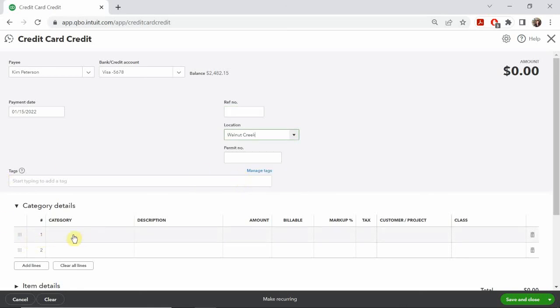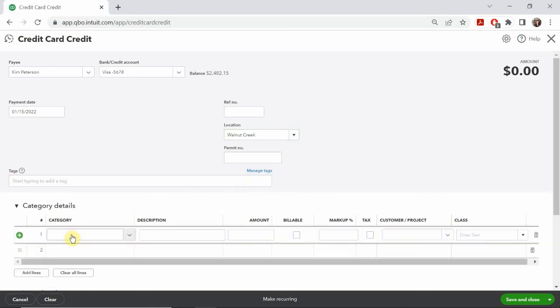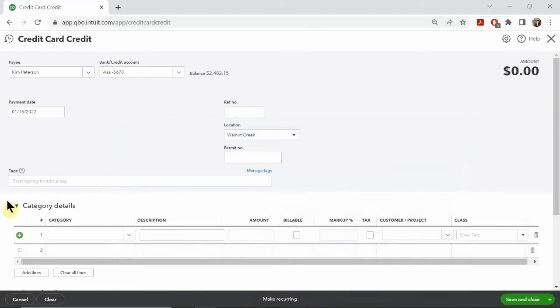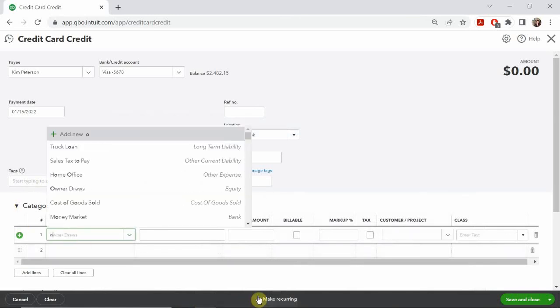And what was it for? You're going to get the category for the office supplies, for $25, and your description is going to be returning the ink cartridges. So again, you're going to reverse the office supplies that you purchased.